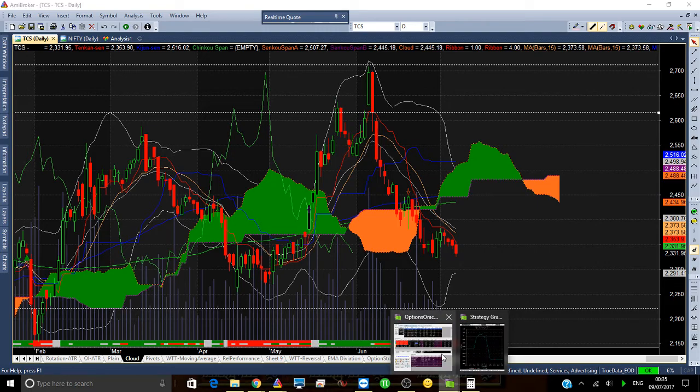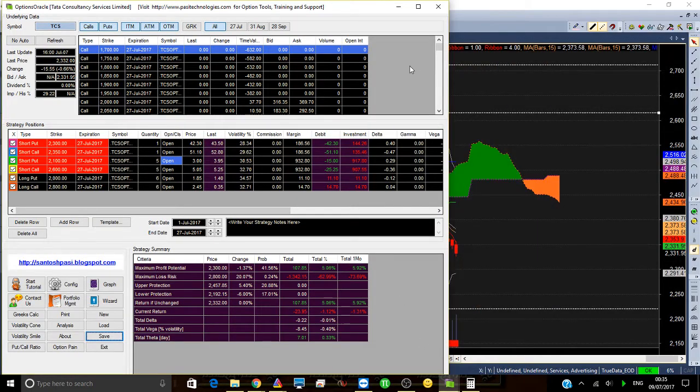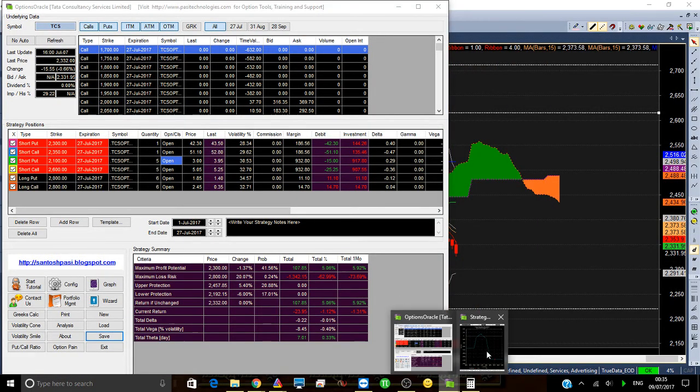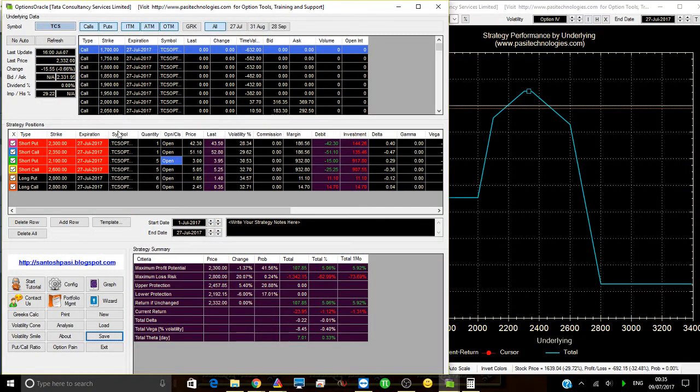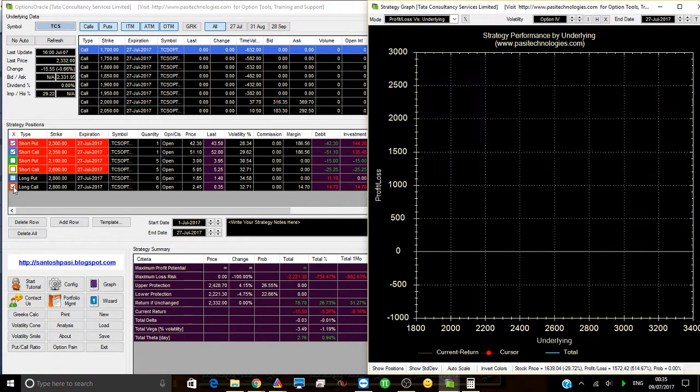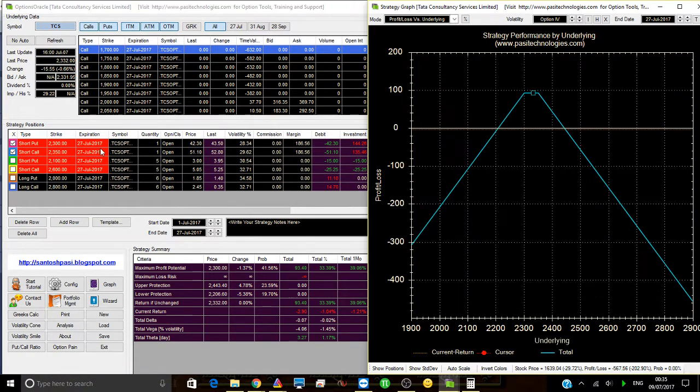I go to the options oracle, download the TCS. Let me also show you the graph next to it. Okay, so what I start with is selling the at-the-money puts and calls.